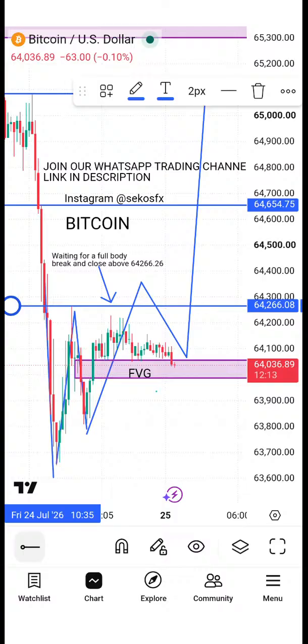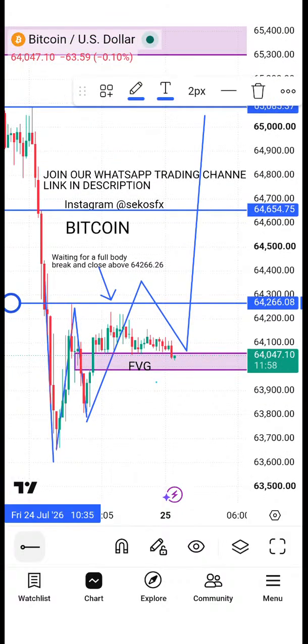Because if Bitcoin does exactly what I'm looking for, we'll have a very nice trade, a trade that will make me relax and not react out of emotions.